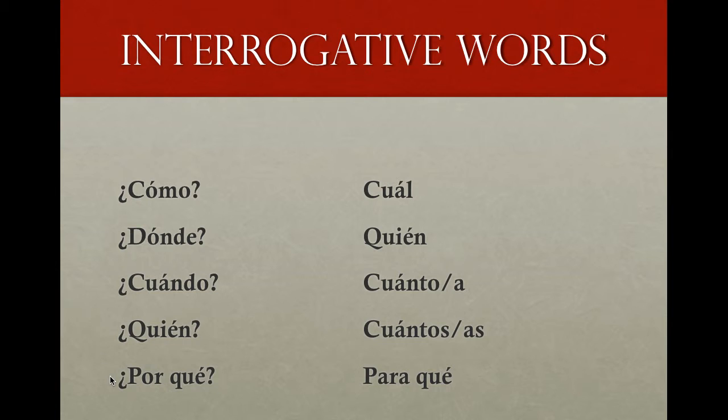Por qué is why. Cuál is which. Quién is who. Again, here we have cuánto, how much. Cuántos, how much or how many. And para qué. It's kind of like what for.